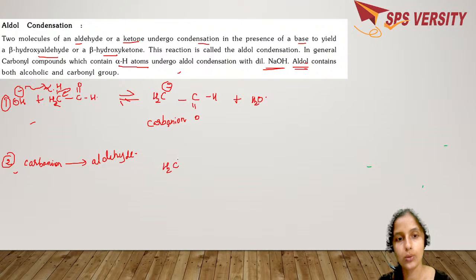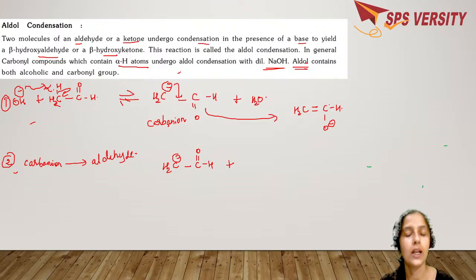So you have CH2, C double bond H, O. Again, this carbanion can be stabilized by resonance. I think you know how to write the resonance. This shifts over here and this shifts over here, resulting in the formation of CO minus and H. Then in the next step, this attacks one more aldehyde, CH3, C double bond O, H.